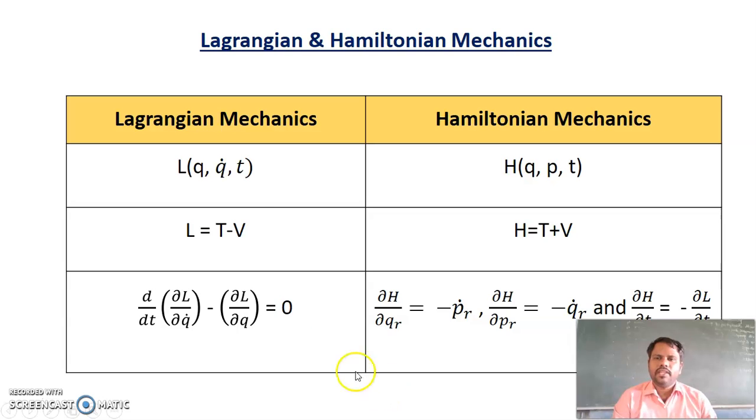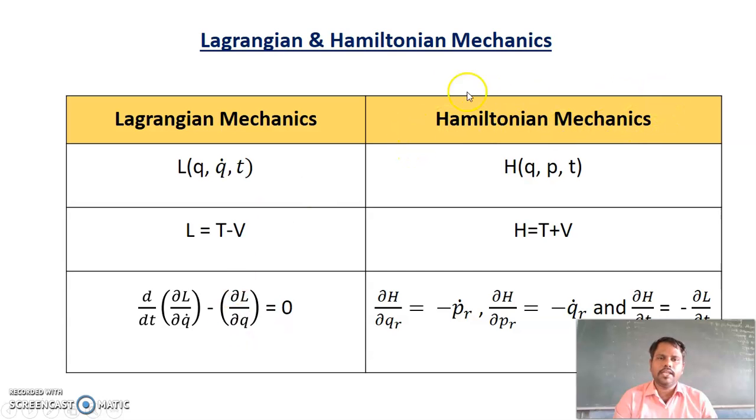We have seen that the Lagrangian is a function of q, q dot, t, and L is given by T minus V. T is kinetic energy and V is potential energy. The Lagrangian equation is given by d by dt of dou L by dou q dot minus dou L by dou q is equal to 0.